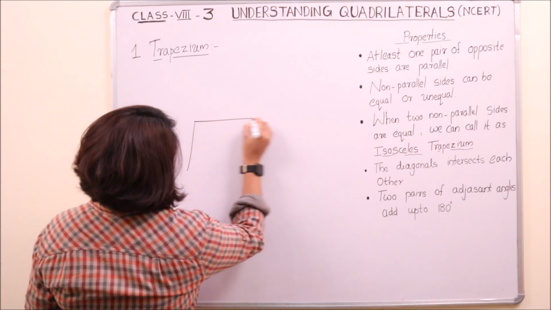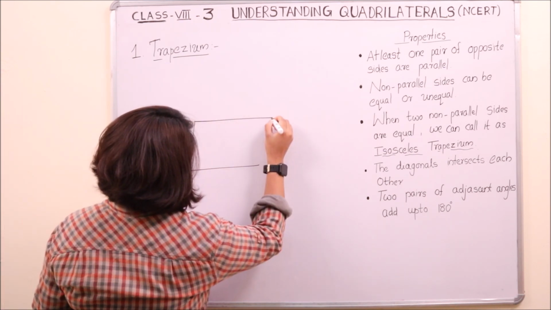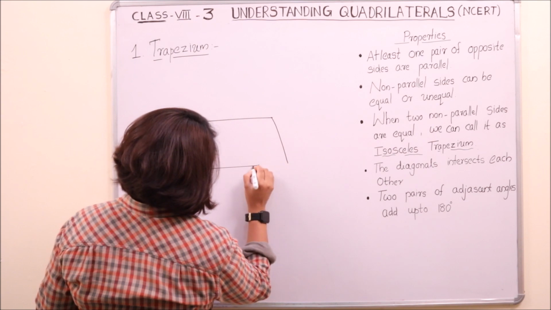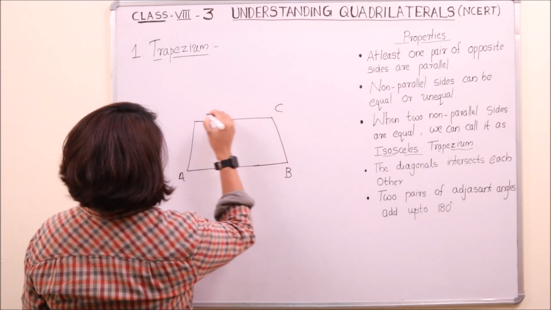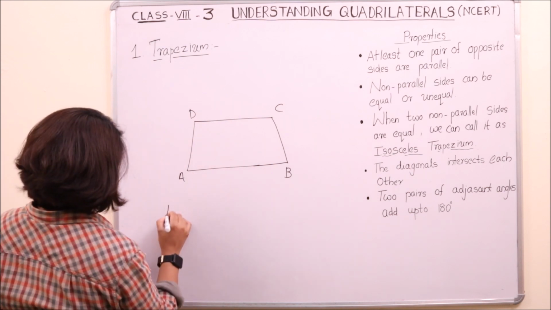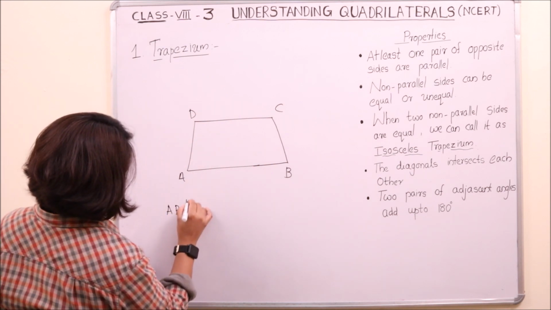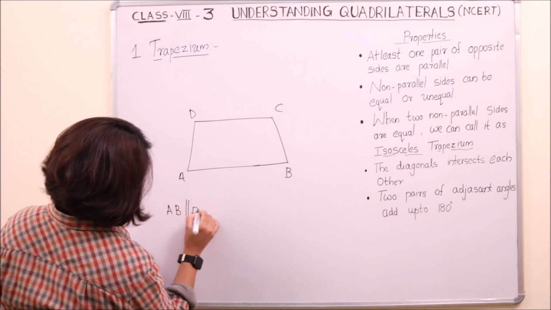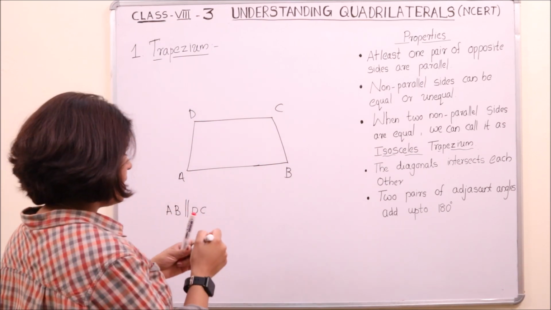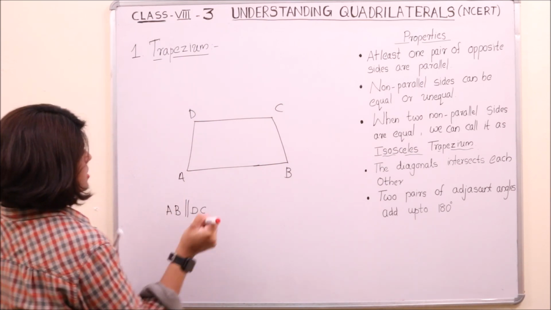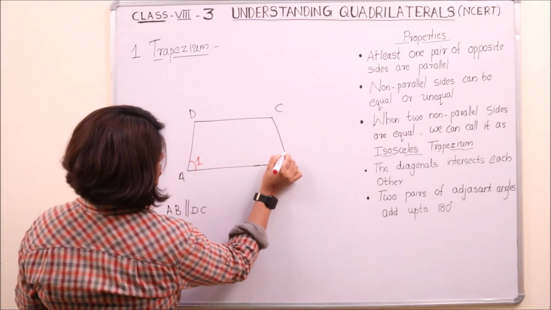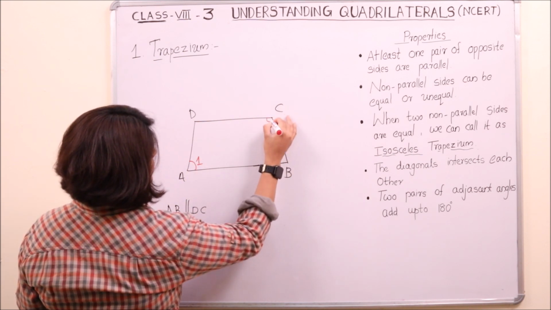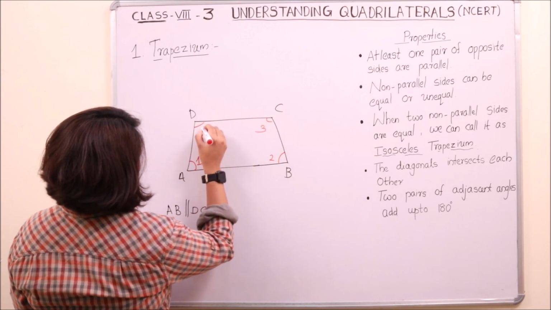If we are considering a trapezium, name it ABCD. Here AB is parallel to DC. And I am naming the interior angles as 1, 2, 3 and 4.